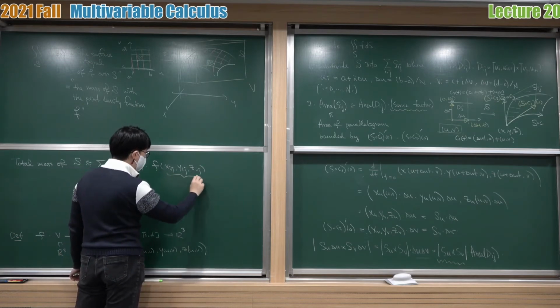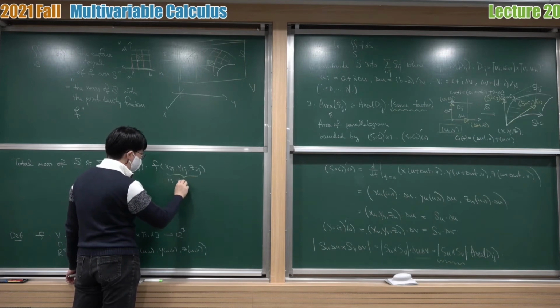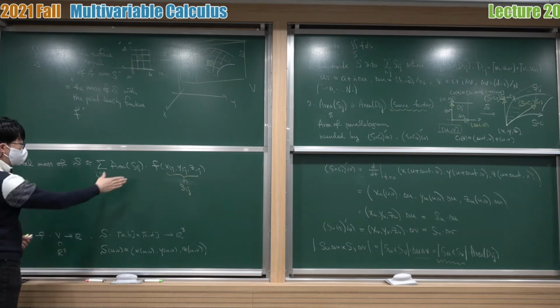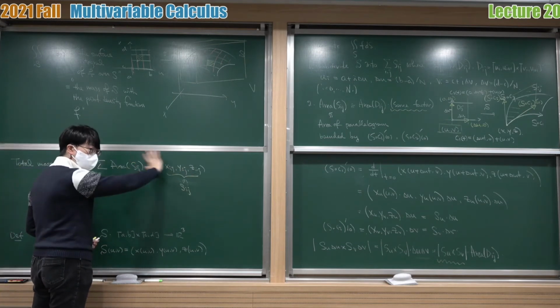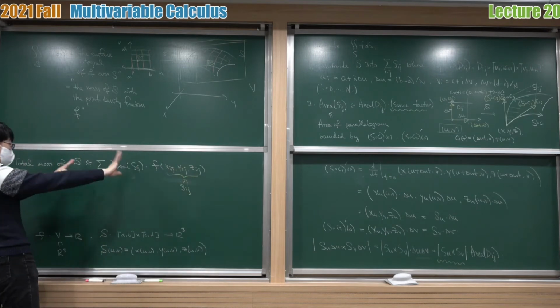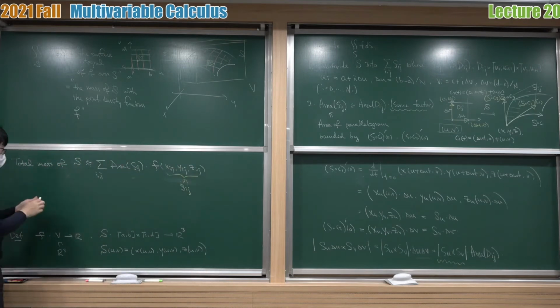This is a point inside Sij. So this is area and this is density. This gives the mass of a small portion, and if you add these, then you get the entire mass.